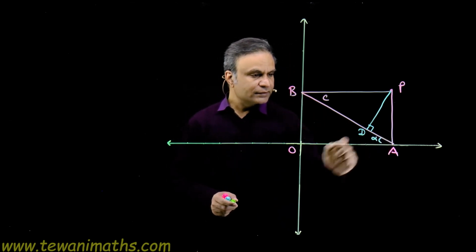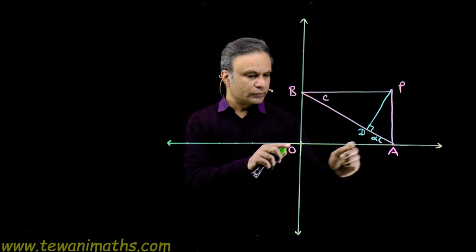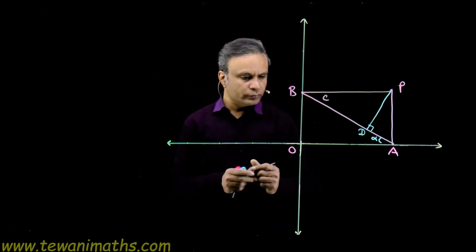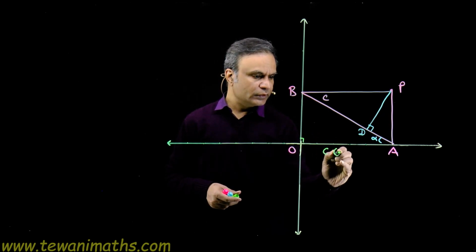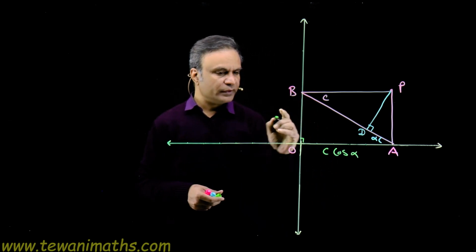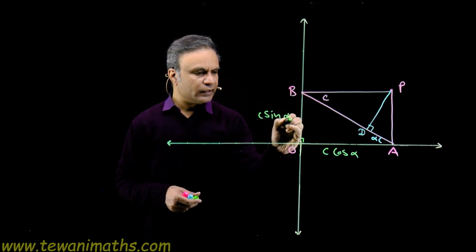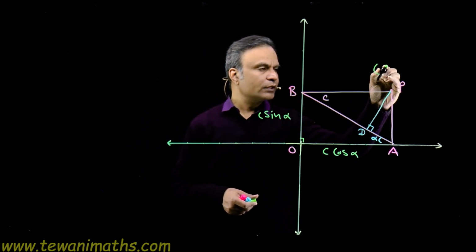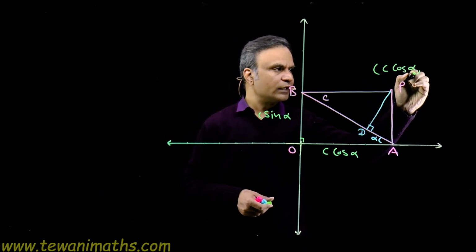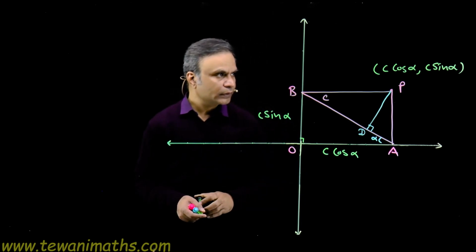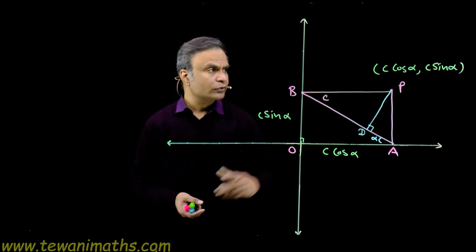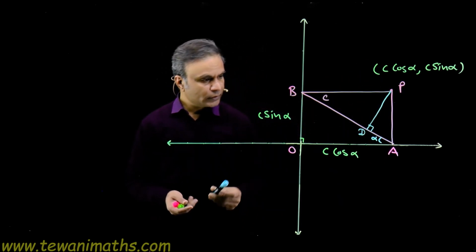Now AB is C units. So in triangle AOB, in this right angle triangle, OA is C cos alpha and OB is C sin alpha. So coordinates of point P are C cos alpha, C sin alpha. Its coordinates are variables because angle alpha is variable.